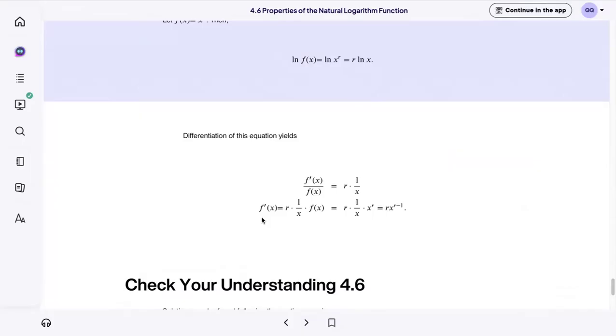Then we can rewrite the derivative of f as f prime of x equals r times 1 over x times f of x, which is r times 1 over x times x raised to r, just r times x raised to r minus 1. What do we see? We see the power rule here, right?